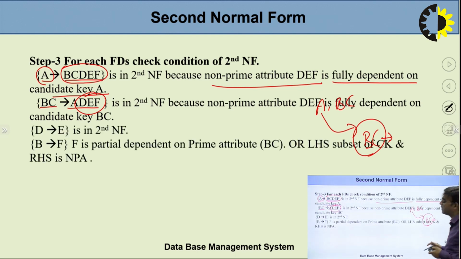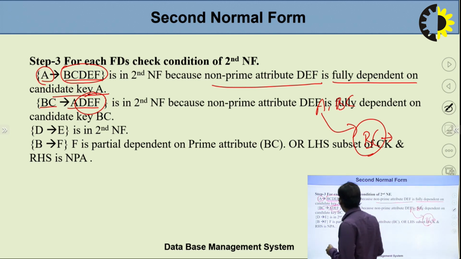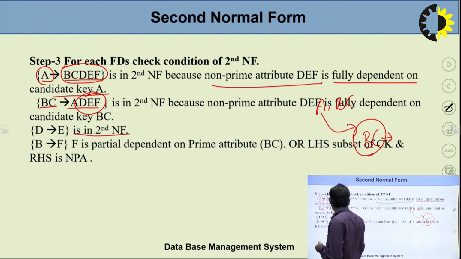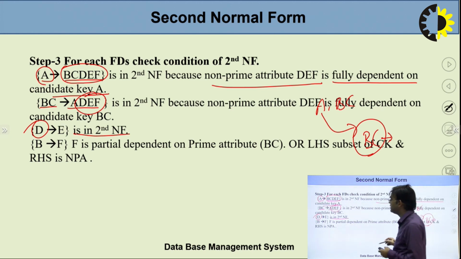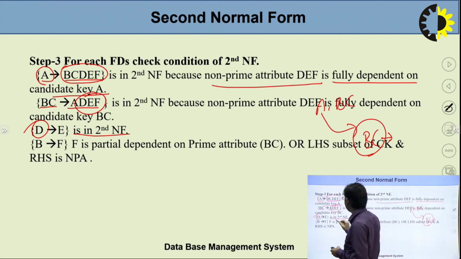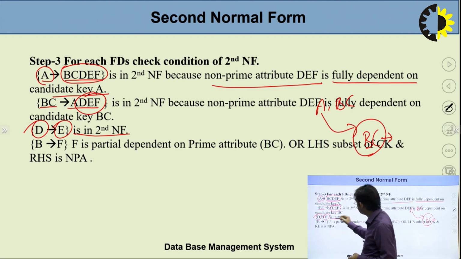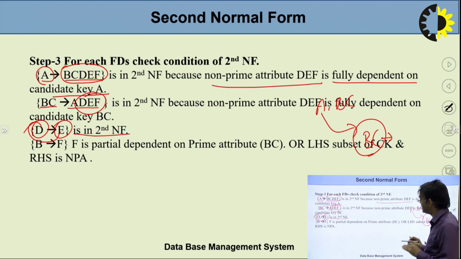Now we take D tends to E. Here D tends to E is in second normal form because D is not a part of a candidate key, E is a non-prime attribute, and it is not partially dependent. That's why it is not violating second normal form.